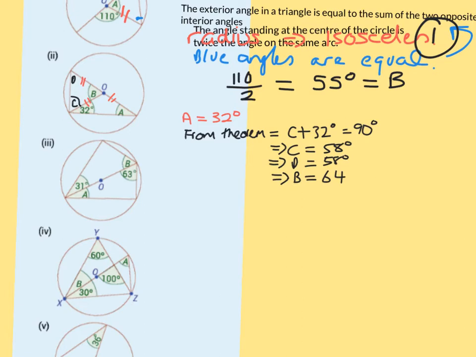Any questions on that? Okay, perfect. On that basis, I'm just going to mark them in here. It'll make our lives a little bit easier when we're trying to find the angles.